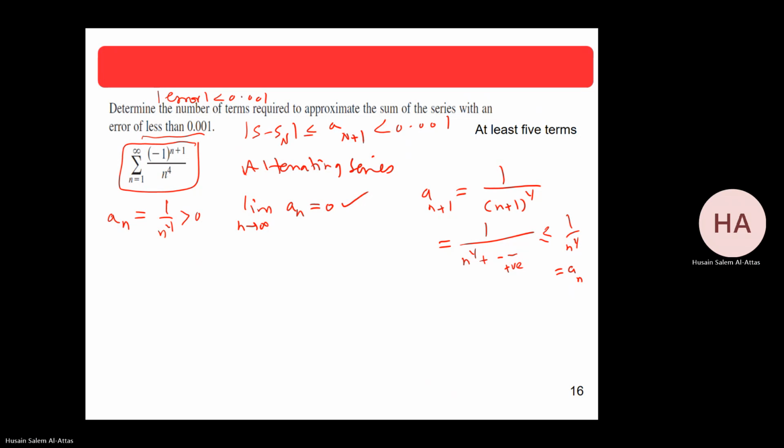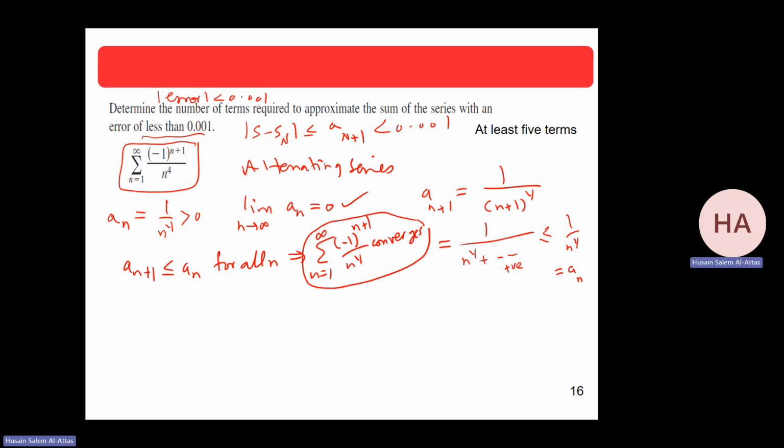So it's decreasing, so An plus 1 is less than or equal to An. That means this series converges. So it's a convergent alternating series.